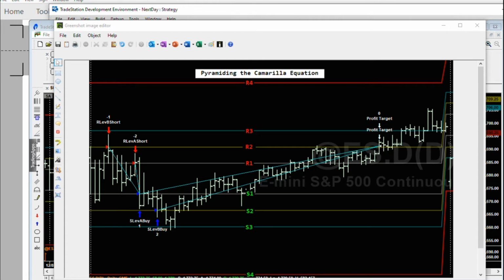Can you make this strategy automated? Sure you can, because it's a day session. You just want to sit in front of the screen and monitor it and make sure it's taking the trades properly. And I discuss what automation is. It's not unattended trading, but it's trading where the computer is actually taking all the trades for you, but it's something that you have to monitor.